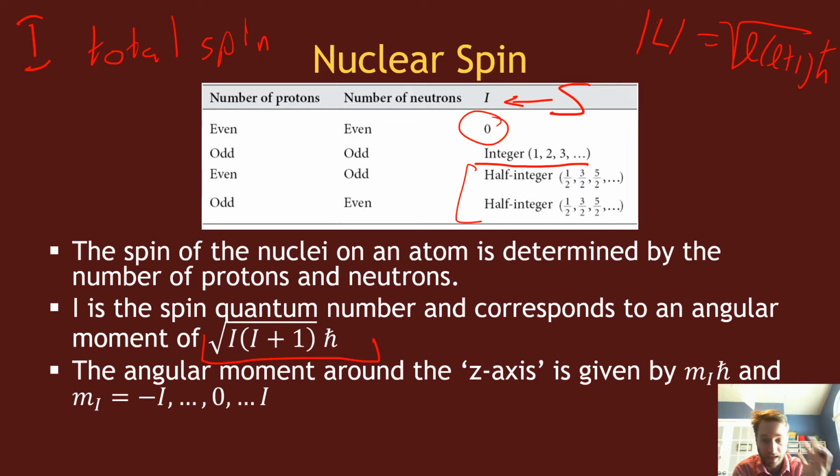So we're using I instead of L. Then we'll define m sub I, as we do in all cases, as the angular momentum around, say, the z-axis. It's just the angular momentum around a specific axis, and it ranges from -I to I in integer steps.